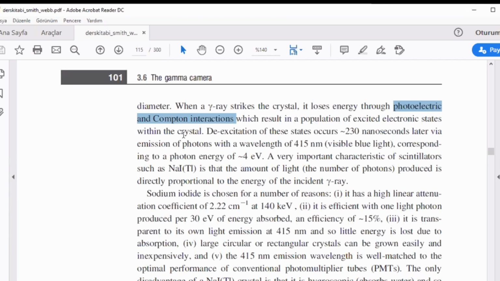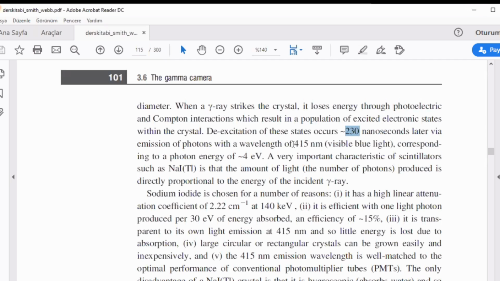That means if the gamma ray photon interacts with a crystal electron, it makes the energy of the electron higher, to jump to a higher band, and after 200 or so nanoseconds, it returns back, emitting light.